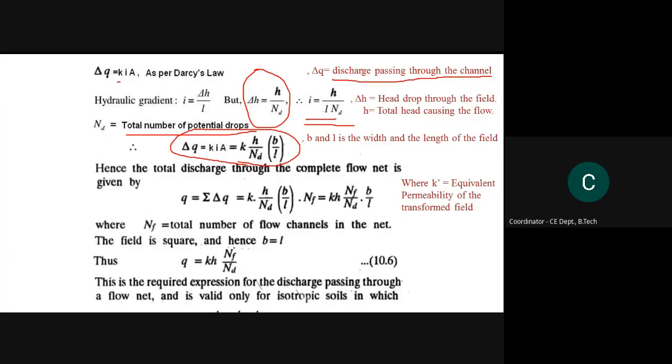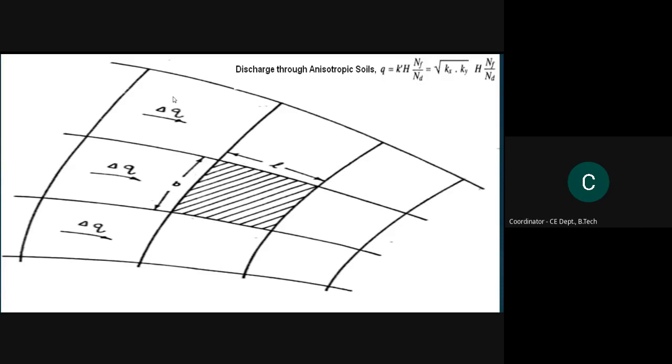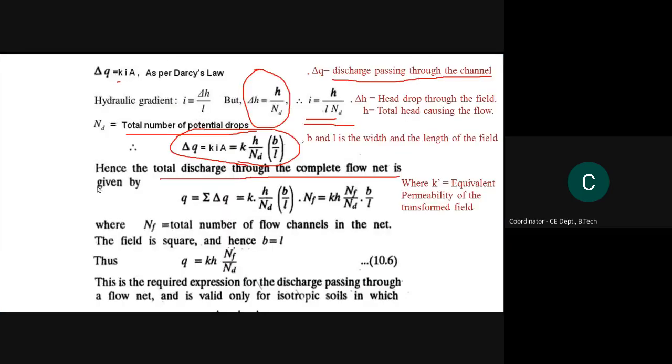But if we are asked to evaluate the total discharge through the complete flow net, then what will be the representation? It will be Q equal to the summation of del Q. The summation of all the del Q will give me the total discharge through the complete flow.